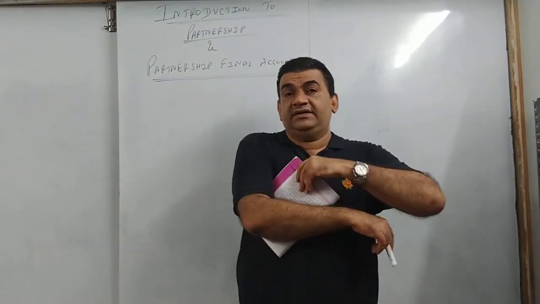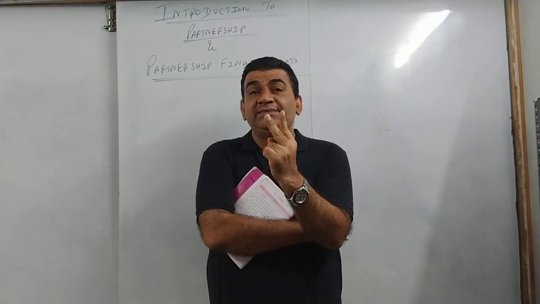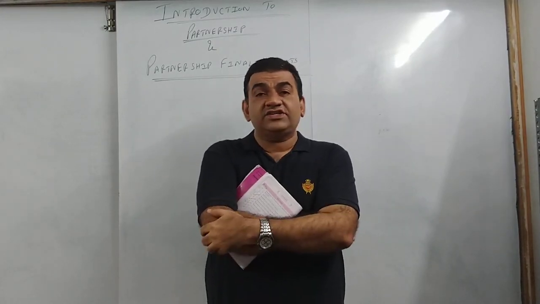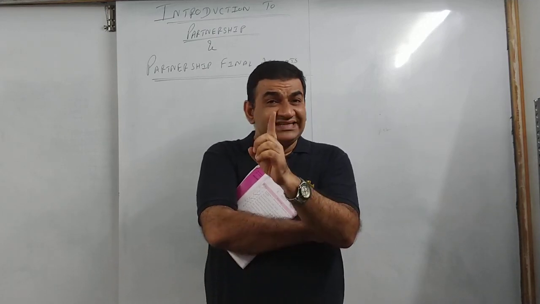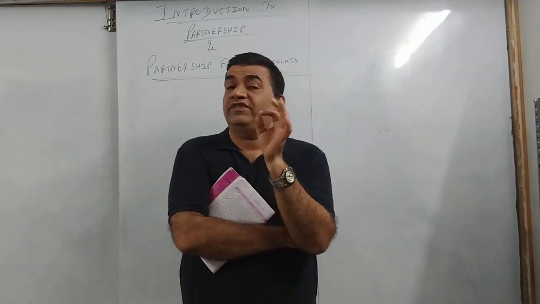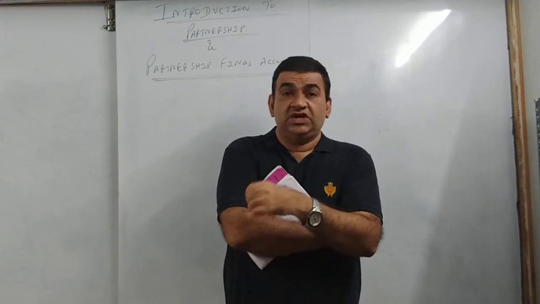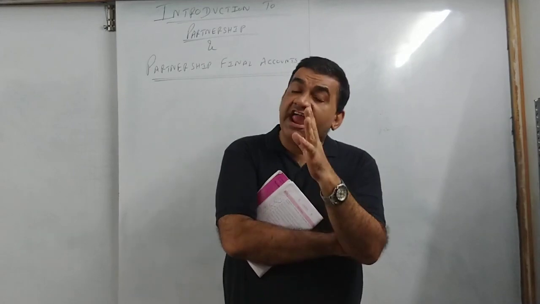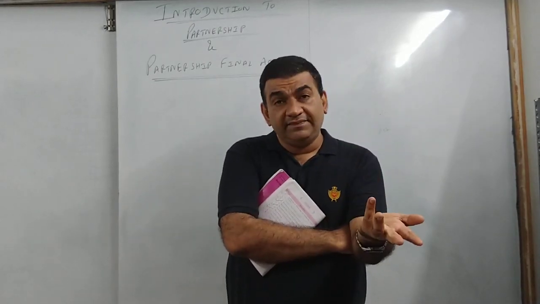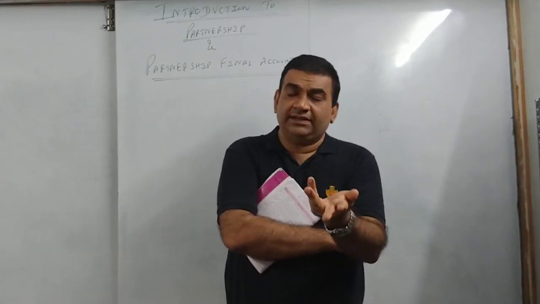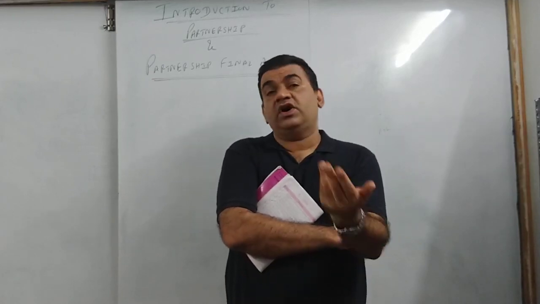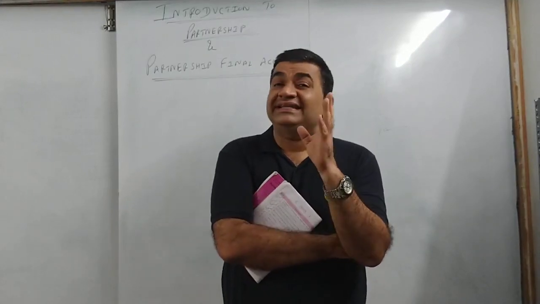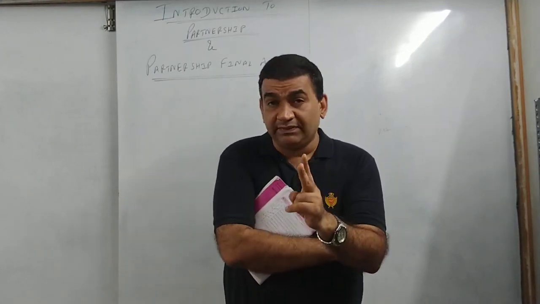Now see, why share? Because what I told you, you need minimum 2 people for a partnership firm. Last year in SYJC it was sole trader, one single person doing the business. So when one person is doing the business, whatever profits he earns, whatever loss he incurs, everything will be borne by him. Matlab he will keep the profits, or if loss is there, he has to bear the entire loss. But here there will be minimum 2 people.